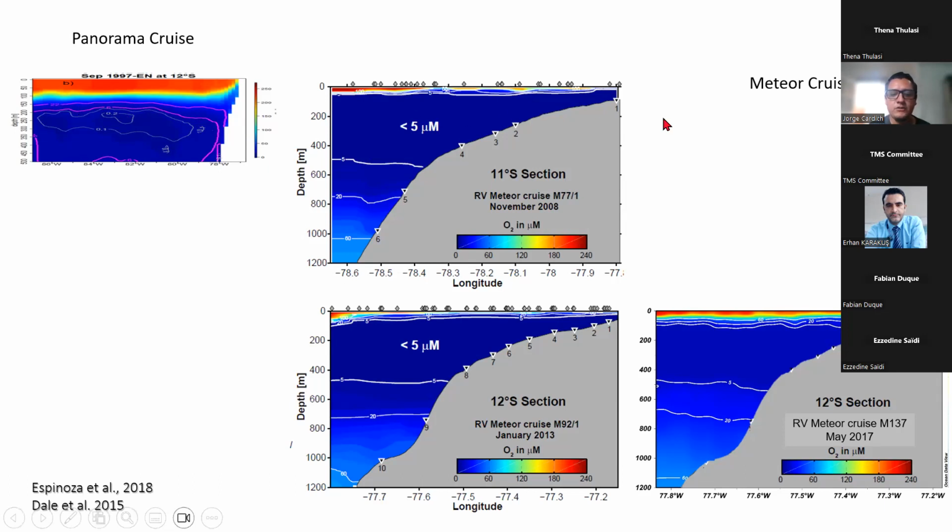And for the other cruises, we have an oxygen minimum zone that is well developed with a strong core for 2008 and another strong core for 2013. And for 2017, there's a clear core of the OMZ, but you can see that through time, this lower limit apparently gets a little shallower.